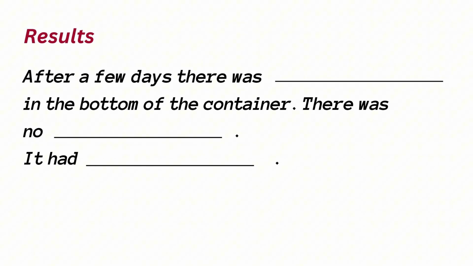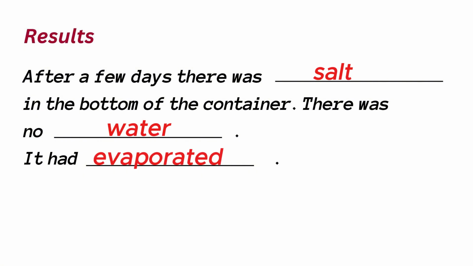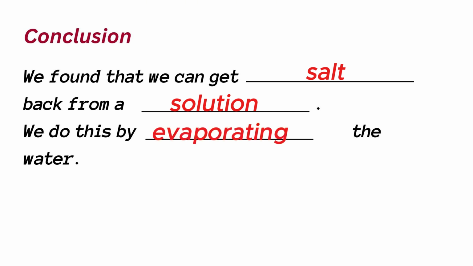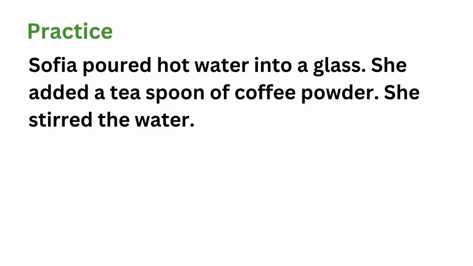Results. After a few days, there was salt in the bottom of the container. There was no water. It had evaporated. Conclusion. We found that we can get salt back from a solution. We do this by evaporating the water.